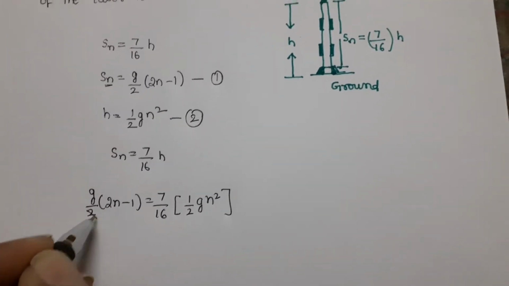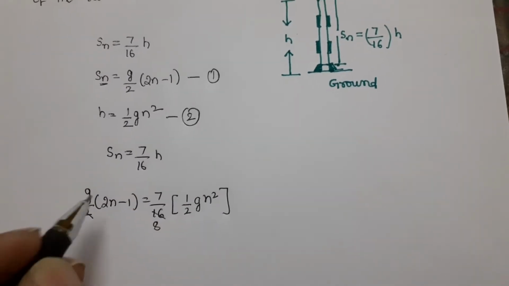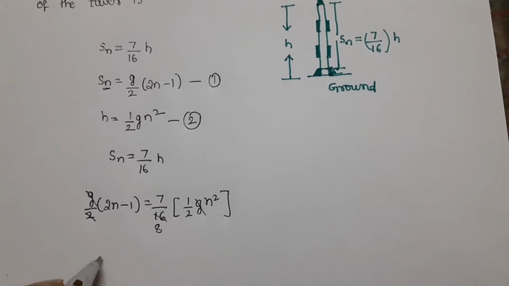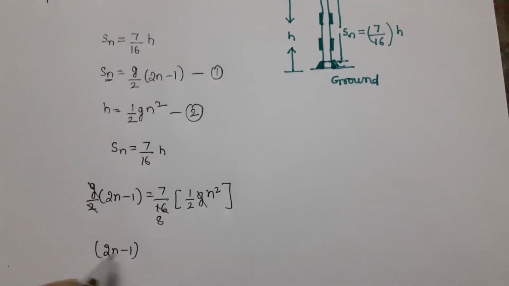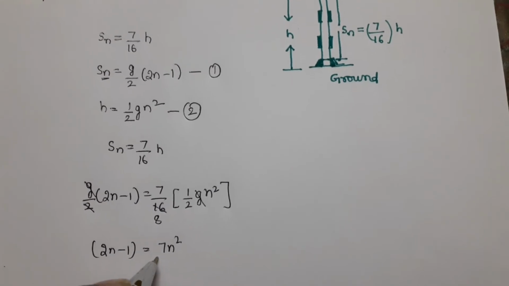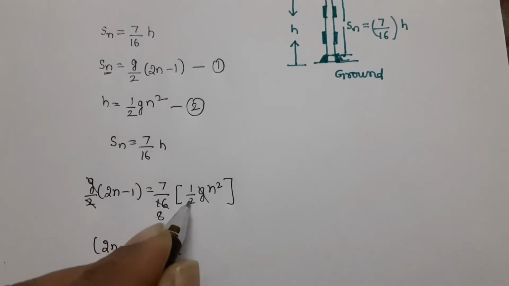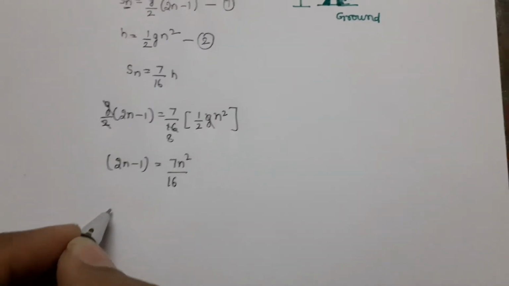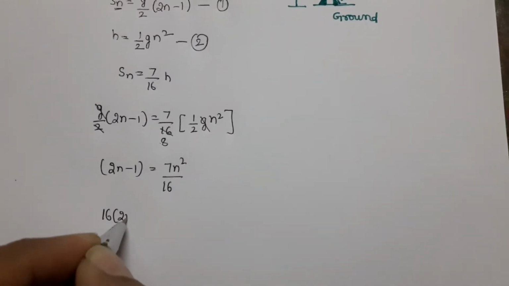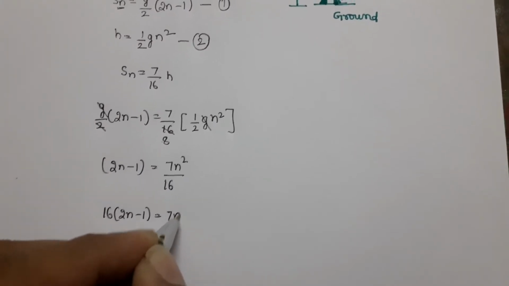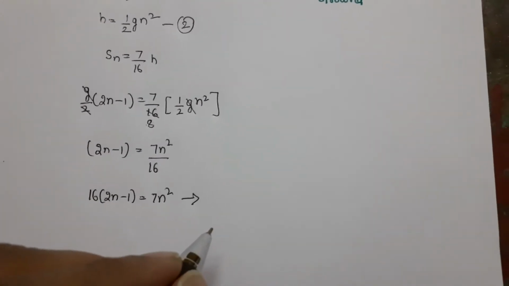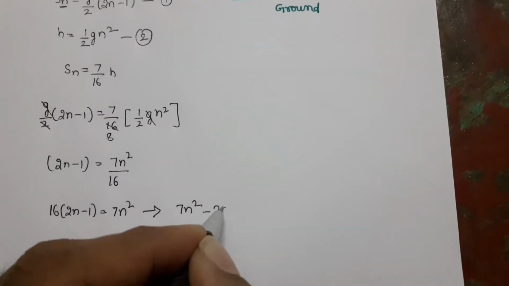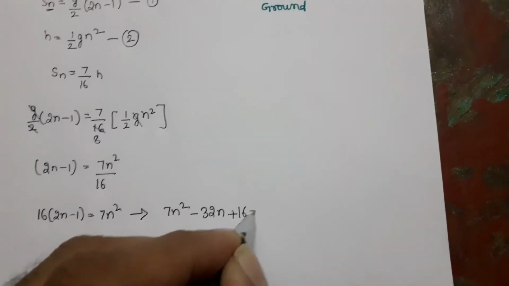So the 2s cancel. g gets cancelled. So we have 2n minus 1 equals 7n square by 16. Okay. So we get 16 times (2n minus 1) is equal to 7n square, which results in 7n square minus 32n plus 16 is equal to 0.